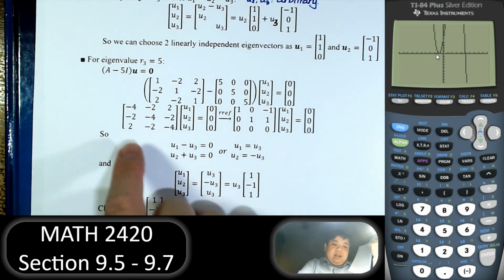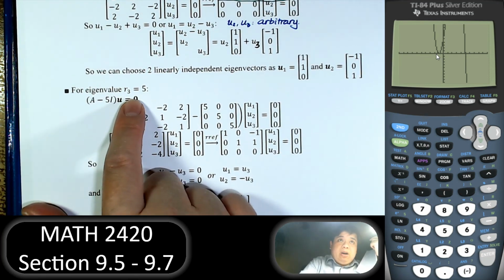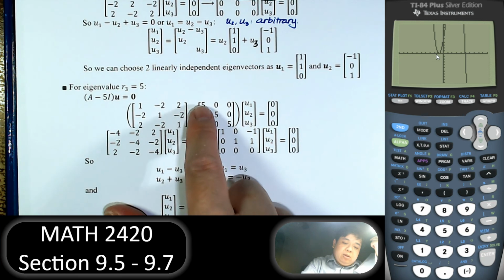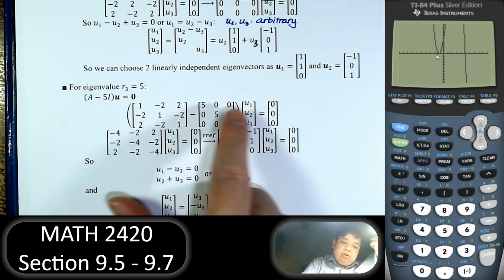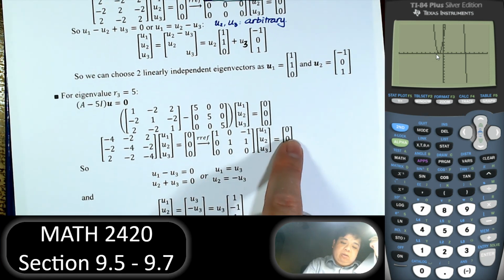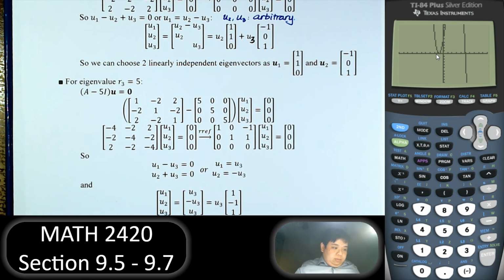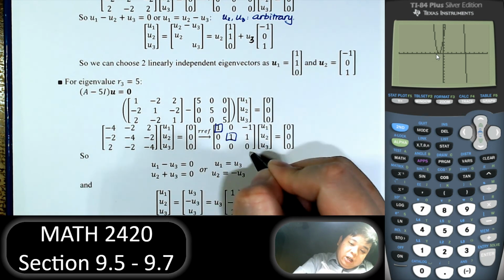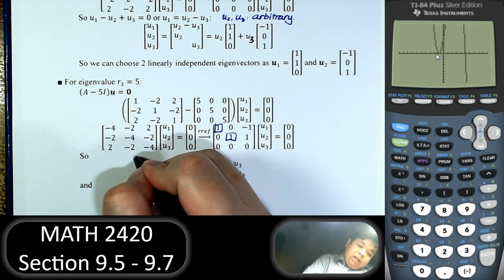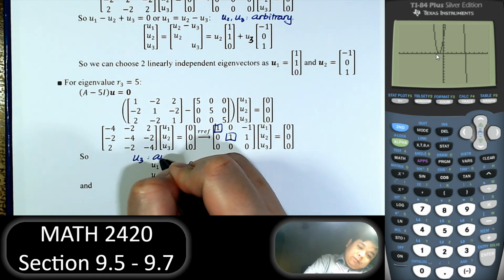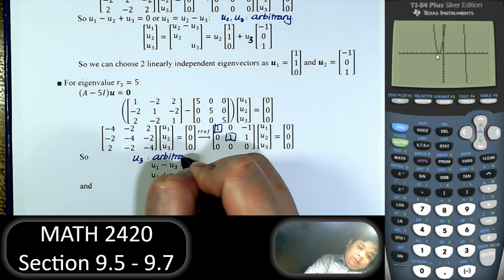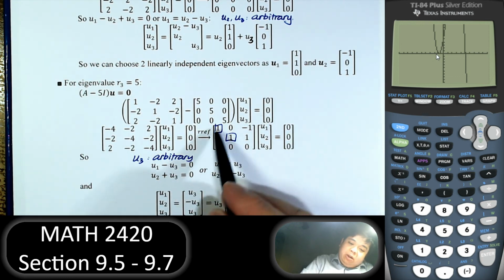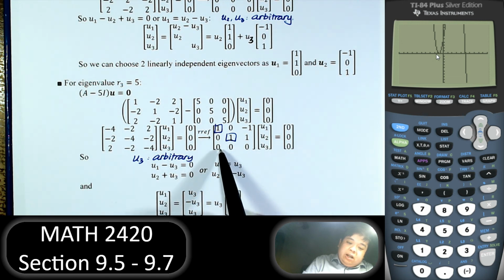And then next, for eigenvalue 5, do the same thing, subtract 5 on the diagonals, and we have this reduced echelon form. This one has a 1 here and a 1 here, so u3 will be arbitrary. And the top equation, we have u1 minus u3 equal to 0.